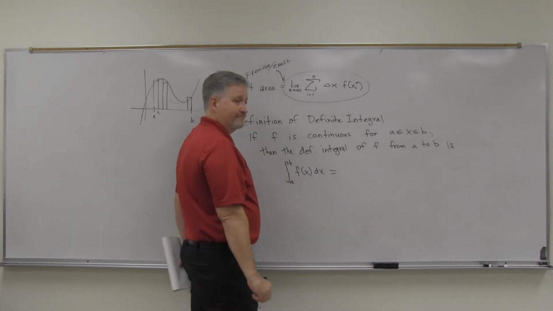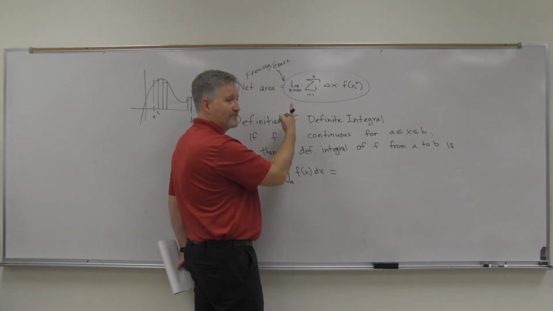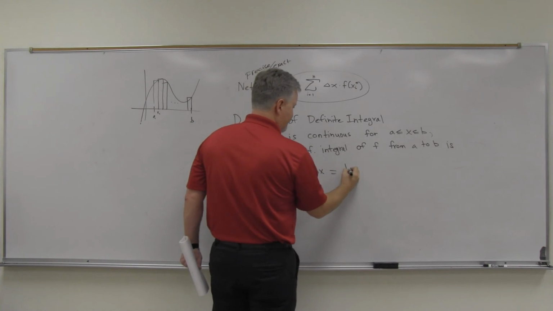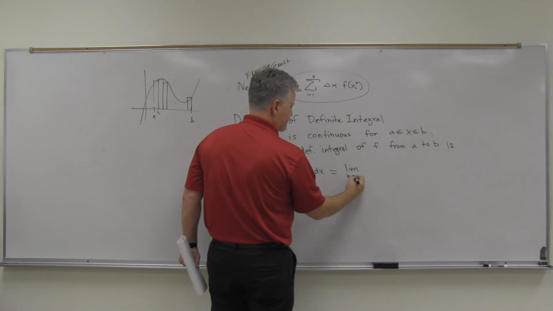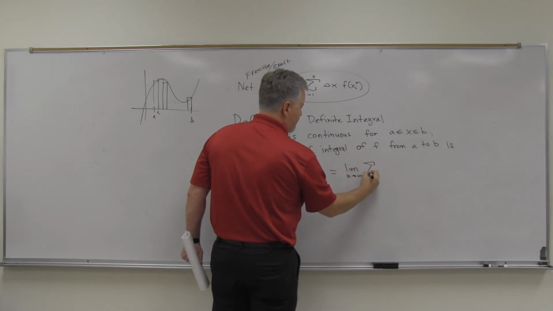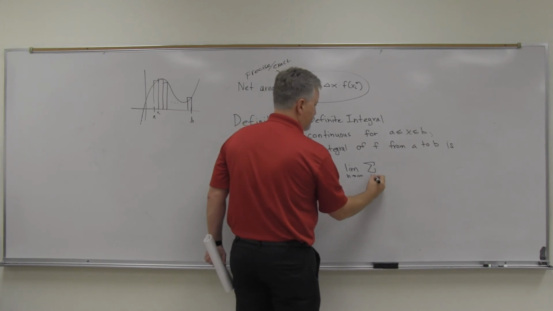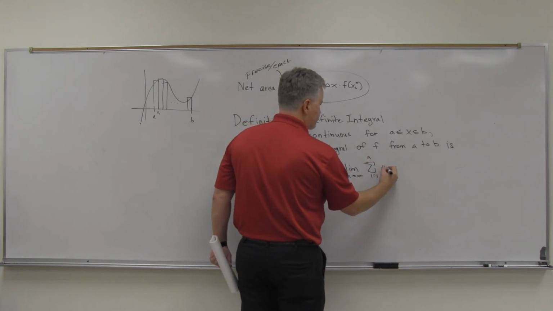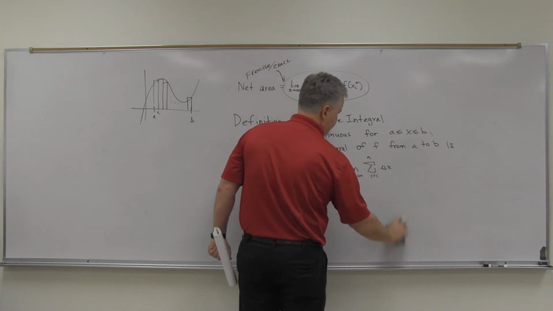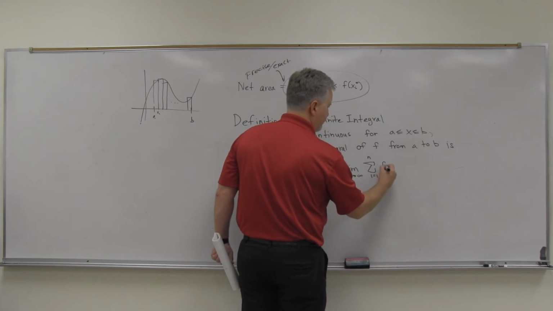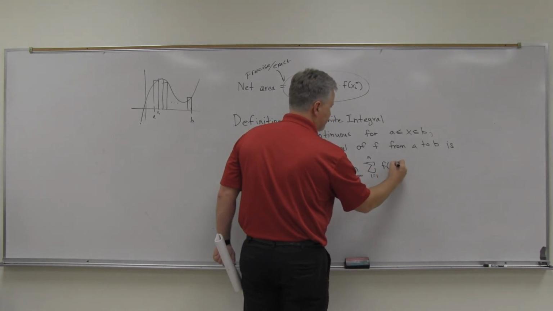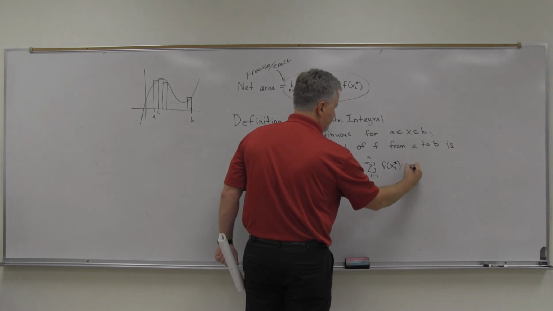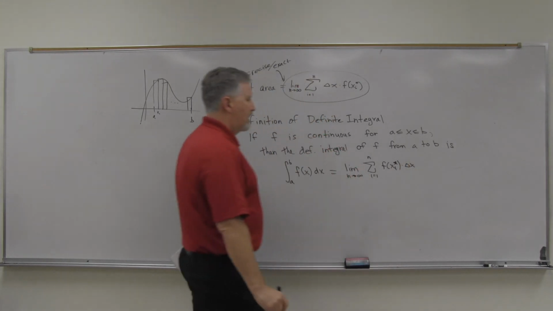And what does it equal? It equals this thing we just talked about: the limit as n goes to infinity of the summation i equals 1 to n of f of x sub i star times delta x.